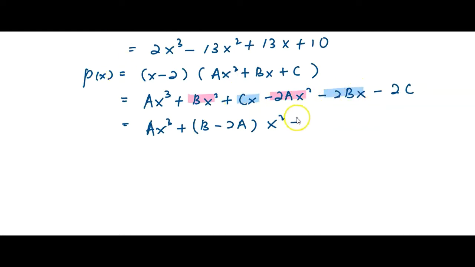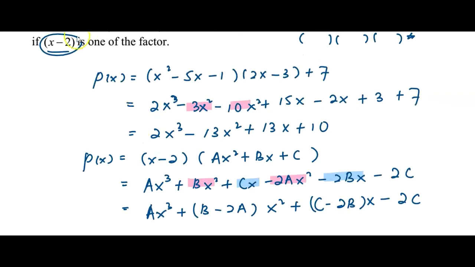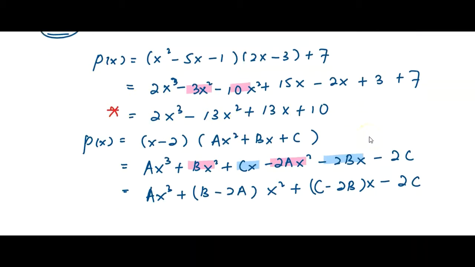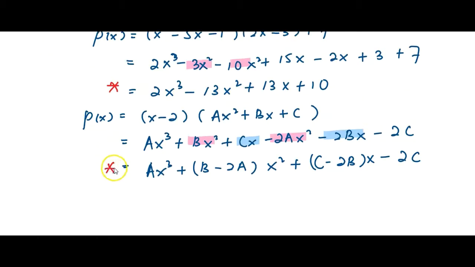So factor out the x, I got c minus 2b, all right, then multiplied by x, minus 2c. This is a constant. So now I'm going to compare this cubic expression with the expression that I formed just now. All right, so these two expressions are equal.